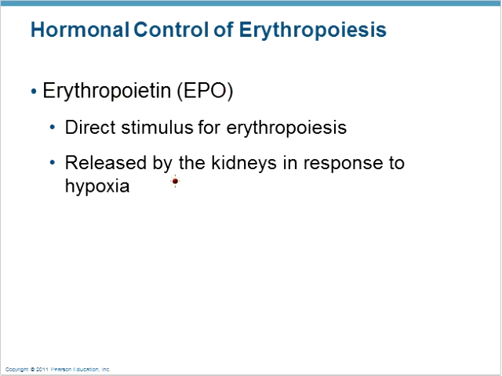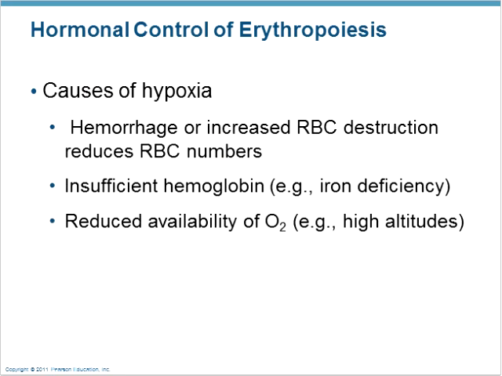Erythropoietin is a hormone directly related to the kidneys, and it's released when the oxygen content of the blood goes below a certain level. The erythropoietin is a direct stimulus for erythropoiesis, and it is released based on a reduction of oxygen in the blood system.